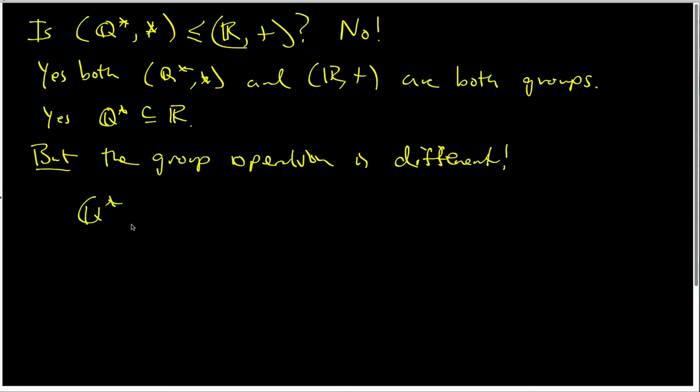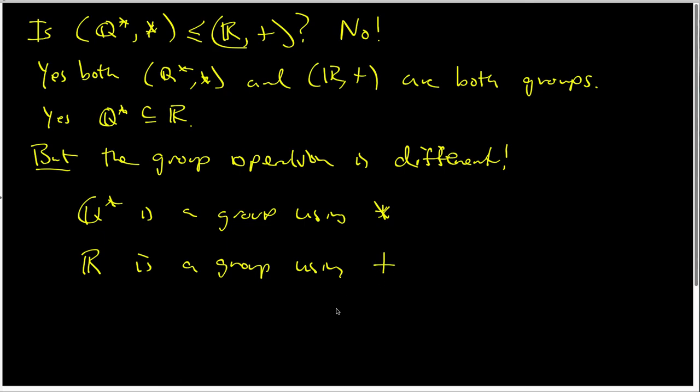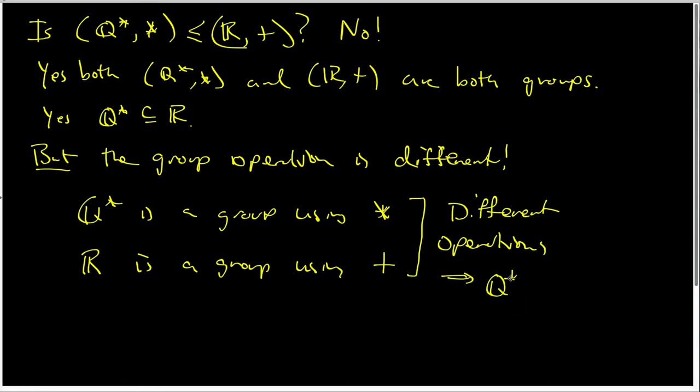Q star is a group using times for the operation, and R is a group using plus as the operation. And since they have different operations, that means that Q star under its multiplication is not a subgroup of R under plus.